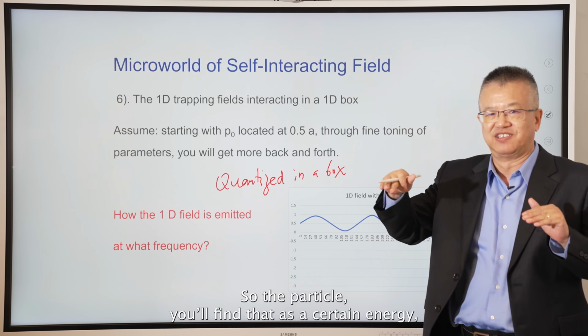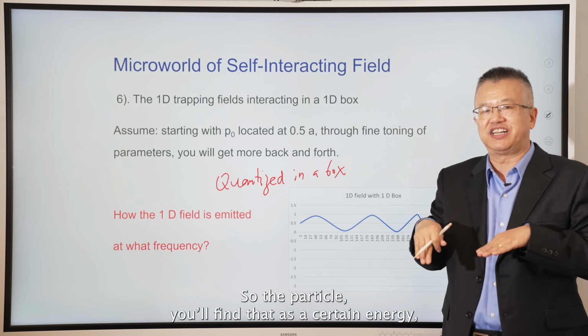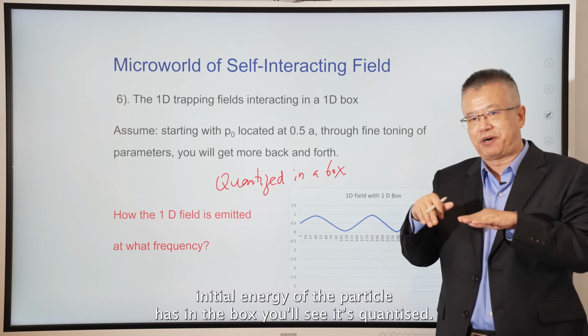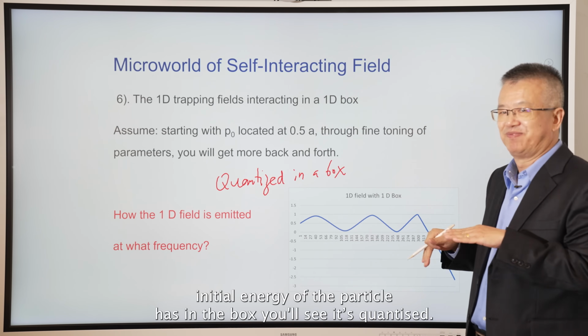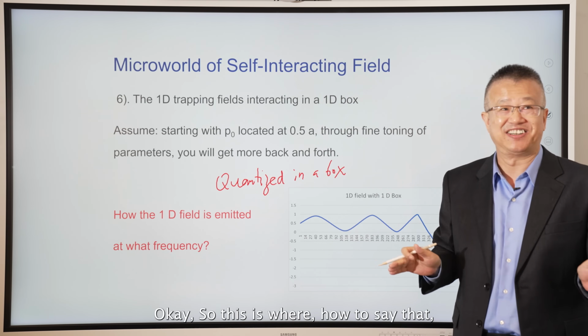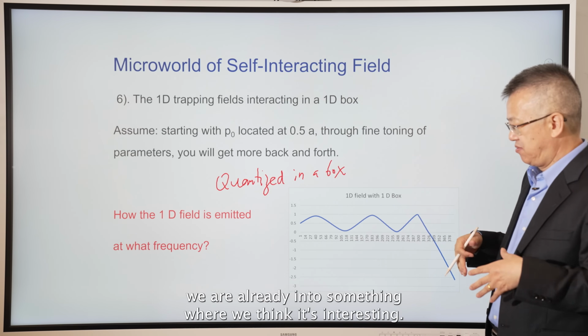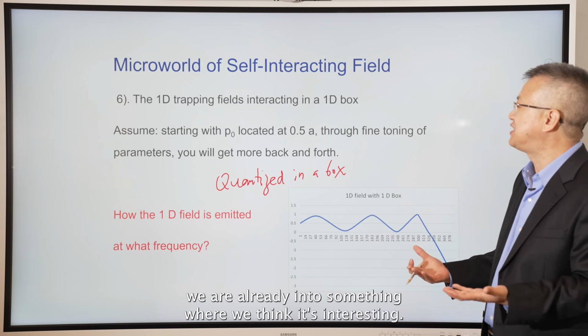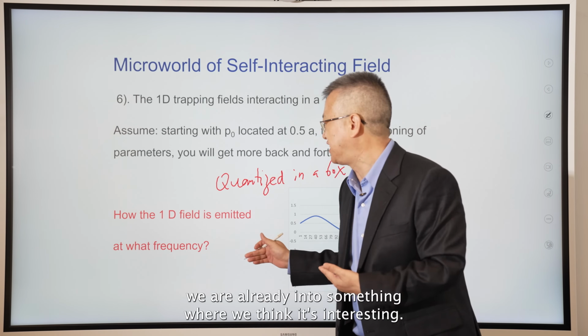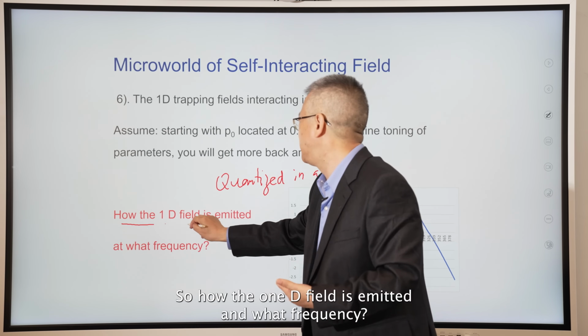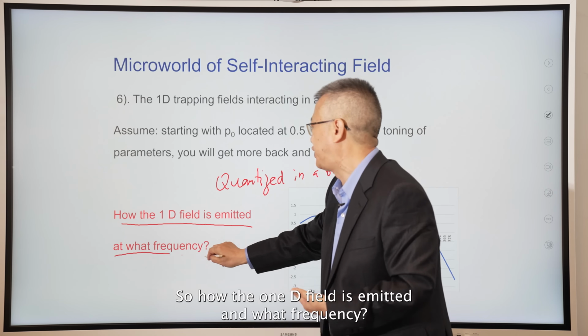You will find that at a certain initial energy of the particle in the box, you will see it's quantized. So this is where we are already into something we think is interesting. So how is the 1D field emitted, and at what frequency?